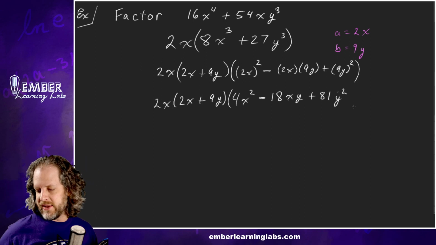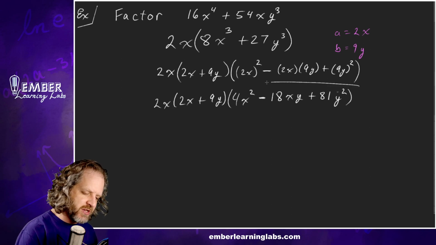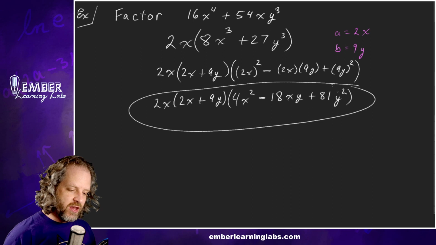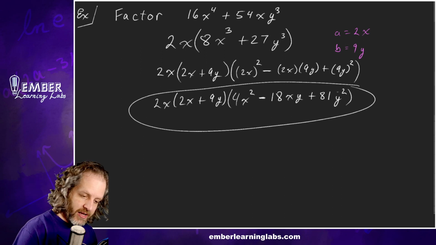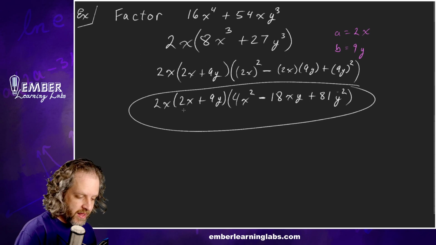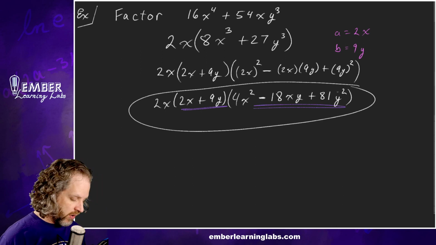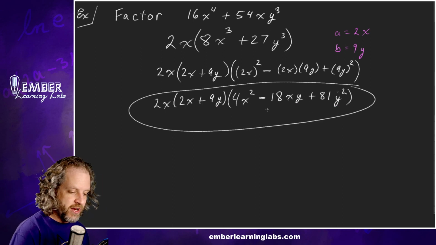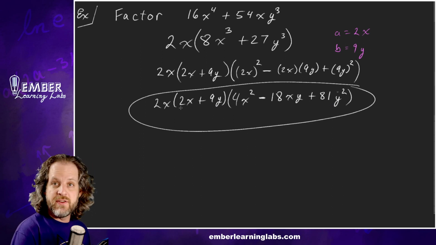Now, this problem is now finished. It's important to note, and we're going to see some stuff kind of like this, that you might not be finished on this step, and you need to double check, because it does happen sometimes that either this one or this one will factor some more, right? So you might be able to do trinomial factoring in this example over here, or you might have a difference of 2 squares.